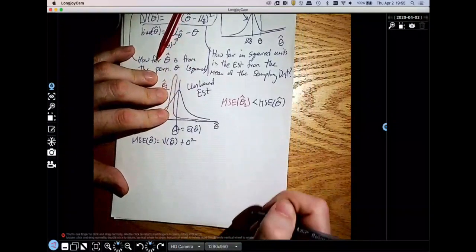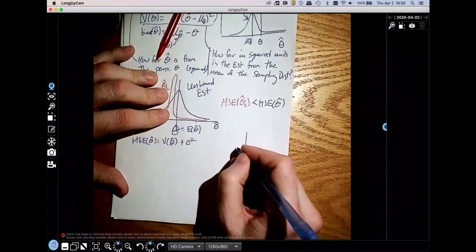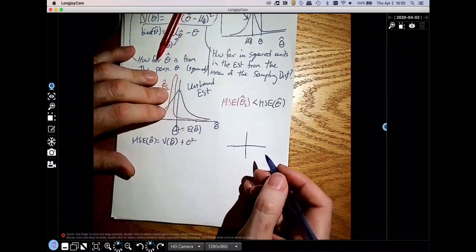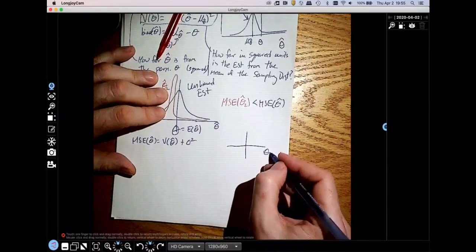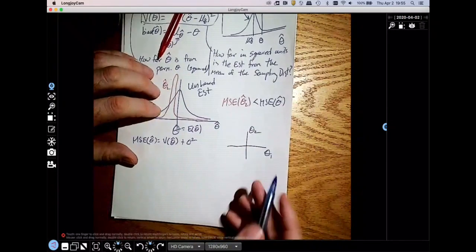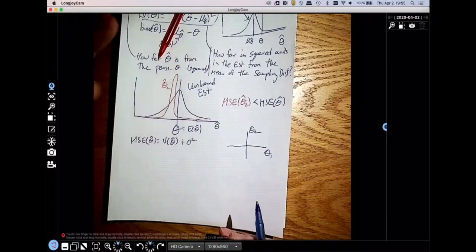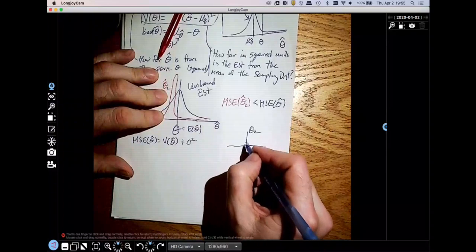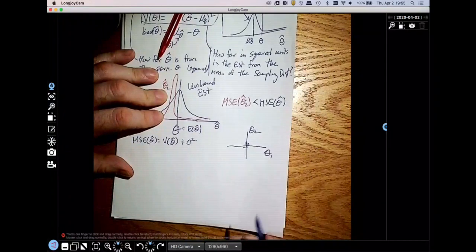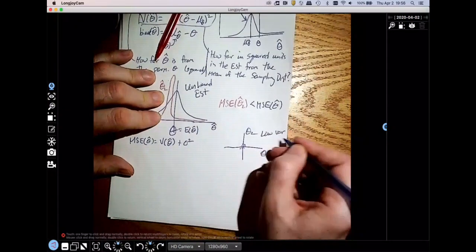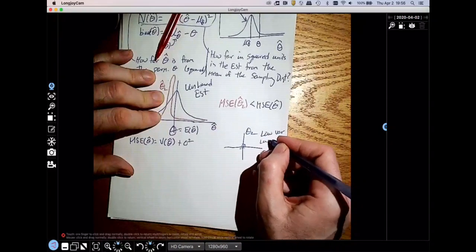Sometimes you see pictures like this that I think are kind of good too, where maybe you've got two parameters, theta 1 and theta 2, and books will give you different pictures. And so if each one of these dots is an estimate, this would be low variance, low bias.